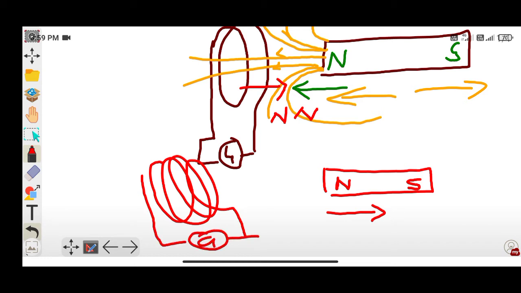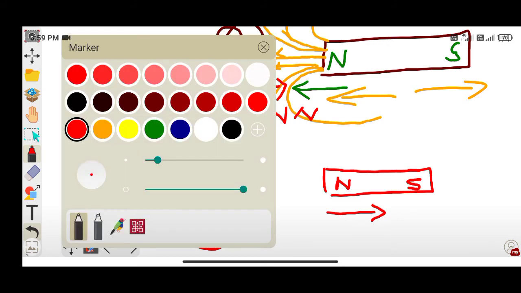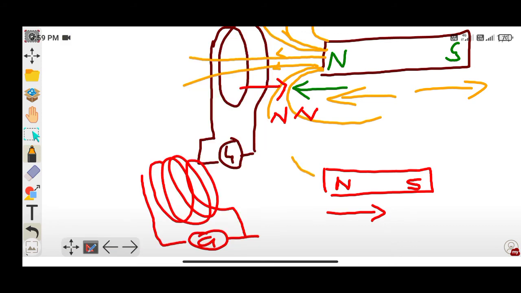So if the magnet is moving away from it, what will happen to the number of lines? The number of lines passing through the coil will keep on decreasing. Here you had two lines, now it seems there is only one line. So that means this is decreasing.